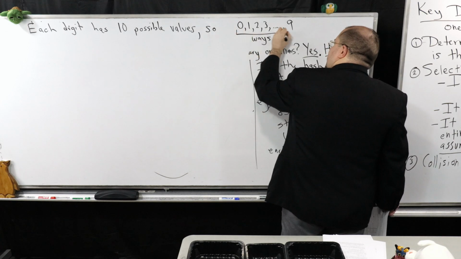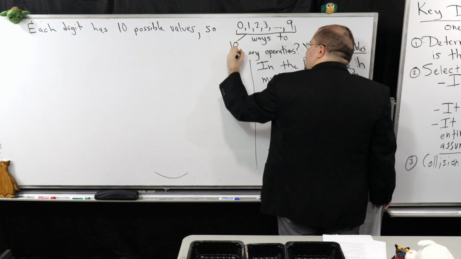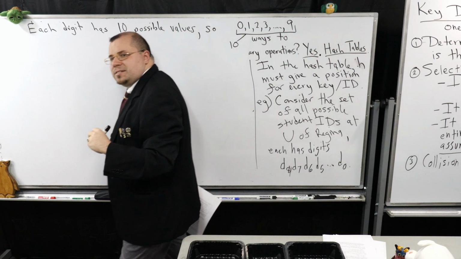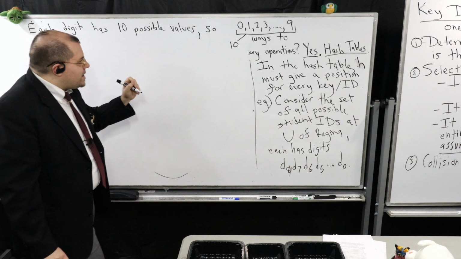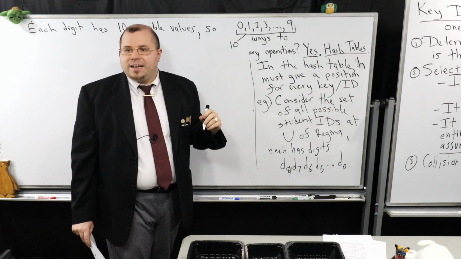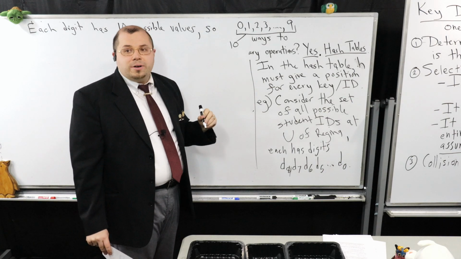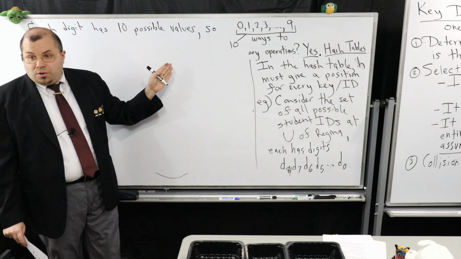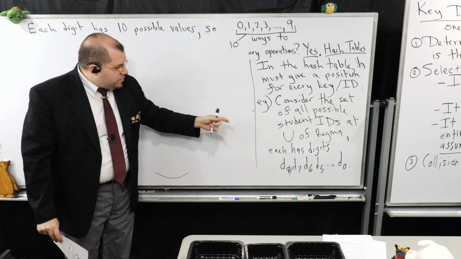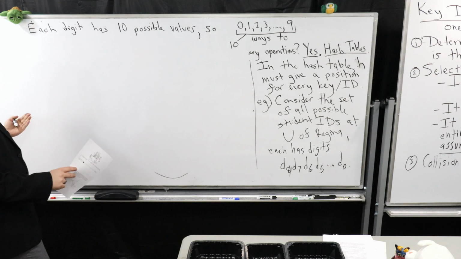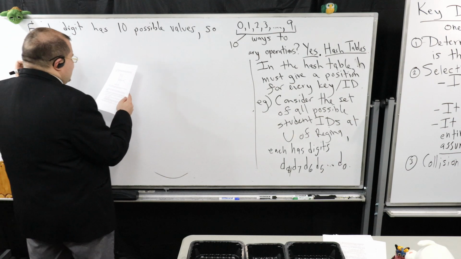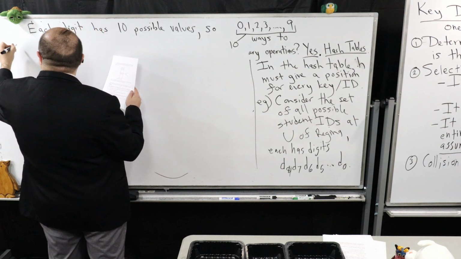There are 10 possible choices for the first digit. Then I can do 10 possible ways for the second digit, then 10 possible ways for the third digit, and so on for all of the digits. And there are 9 of them. So any ideas of how many possible keys there can be?